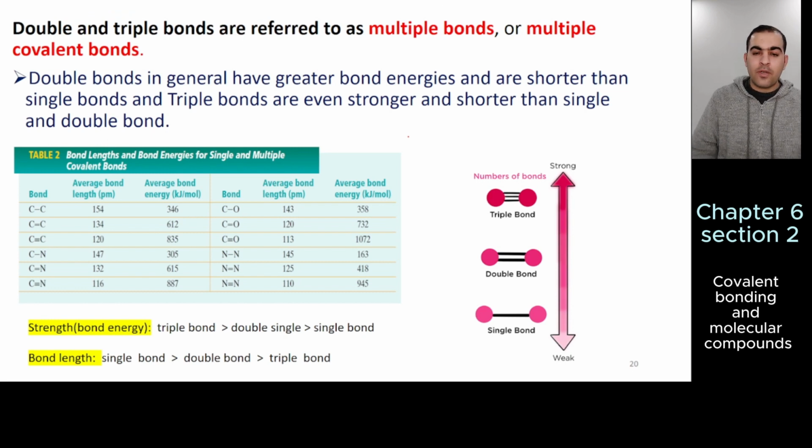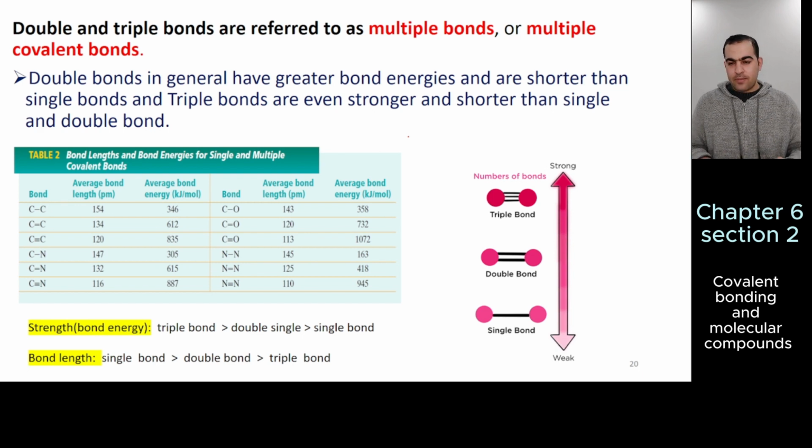Double and triple bonds are referred to as multiple bonds or multiple covalent bonds. We call them what? Multiple covalent bonds or multiple bonds. So double bonds, in general, have greater bond energy and are shorter than single bonds. And triple bonds are even stronger and shorter than single and double bonds.